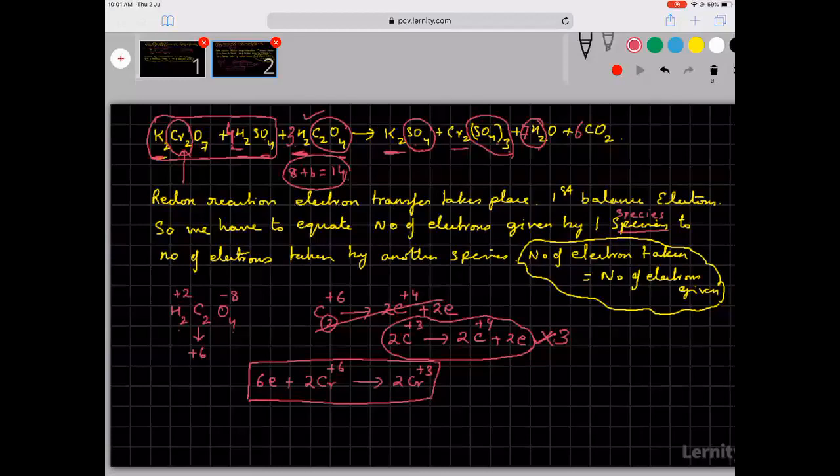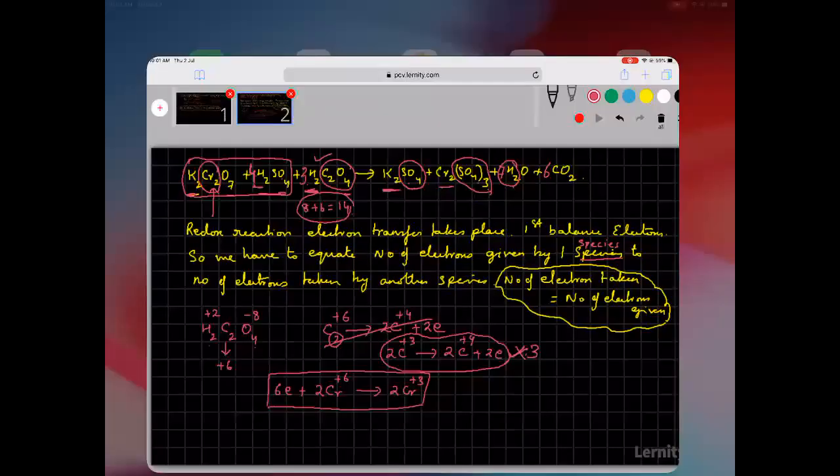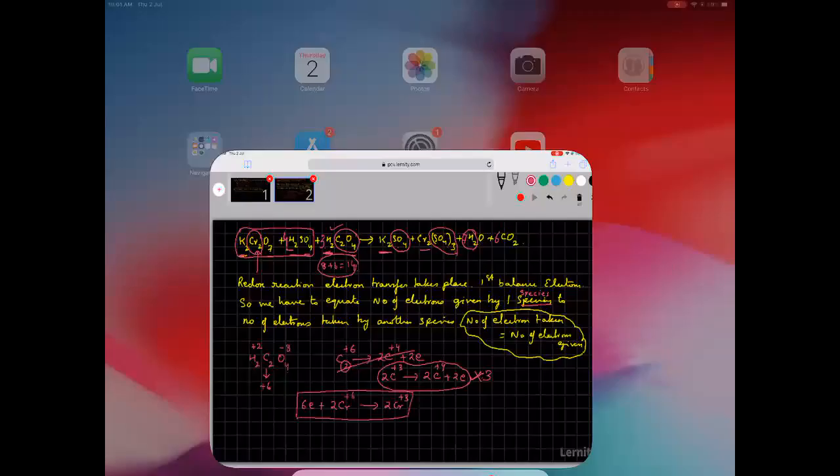It is your birthday and you are giving me 2 chocolates. How many can I take? I can take only 2. If you give me 10, I can take 10. If you give me 20, I can take 20. There is nothing else that I can do beyond that. So the number of electrons given by one species is equal to the number of electrons taken by another species.